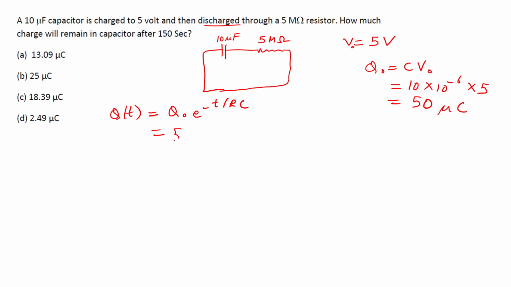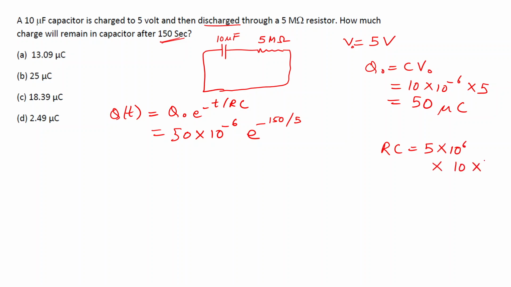So here it will be 50 times 10 to the power minus 6 e to the power minus t, where t is 150, and R is 5 mega ohm. Let me just write it here. RC will be 5 mega ohm, means 10 to the power 6, and the capacitance is 10 microfarad.